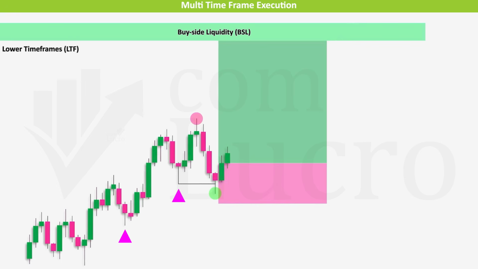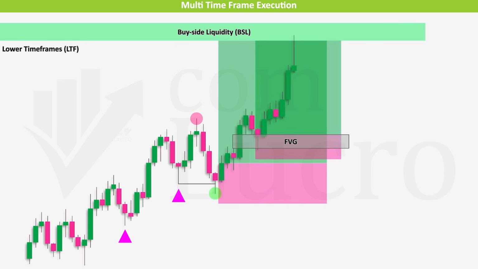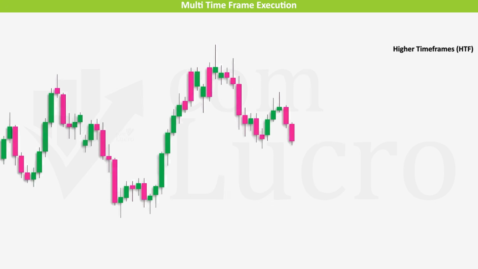A more conservative option is to wait for price to continue moving higher to confirm the reversal, and then look for fair value gap formations to place a buy limit. If no clear fair value gaps are visible on the 5-minute chart, dropping down to the 1-minute chart can provide additional precision. Now, let us begin with a brief recap of the bearish setup.